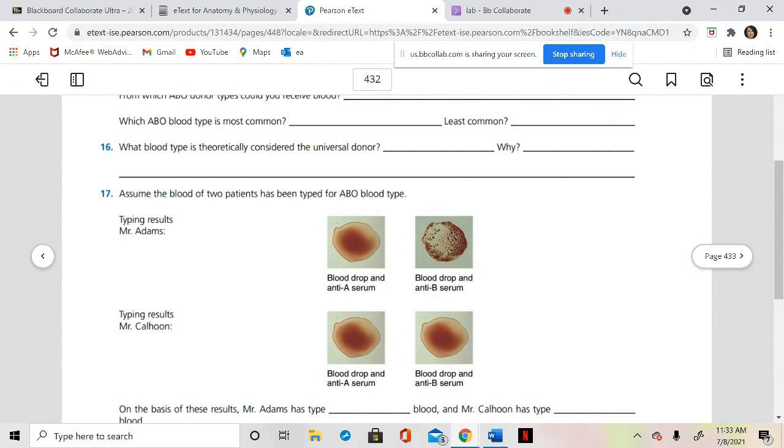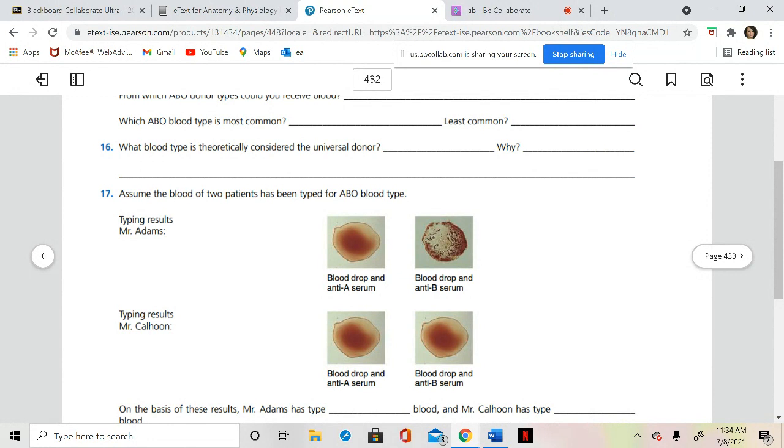So that means he has a B antigen, right? So therefore the blood group is B because it doesn't agglutinate with an anti-A. That means it does not have an A antigen, but it agglutinates with an anti-B. That means you have an antigen B. Therefore the group here is B.